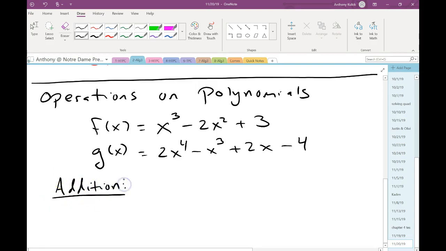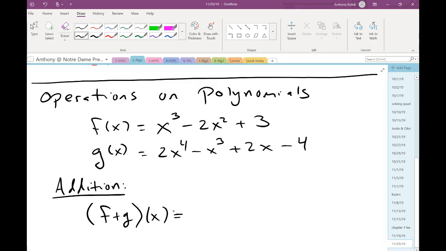So, the first operation that we'll talk about is addition. So, let's say I'm interested in the polynomial f plus g of x. How am I going to do that? Well, I'll just do f of x plus g of x.